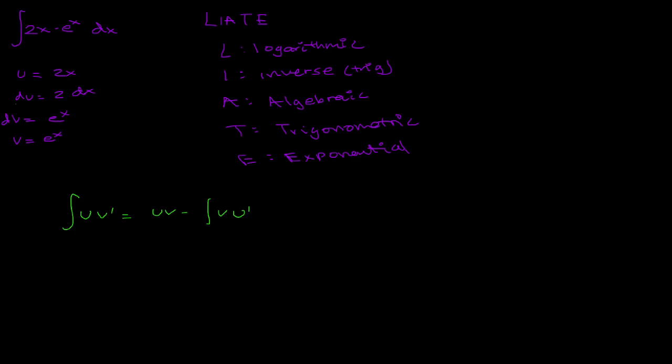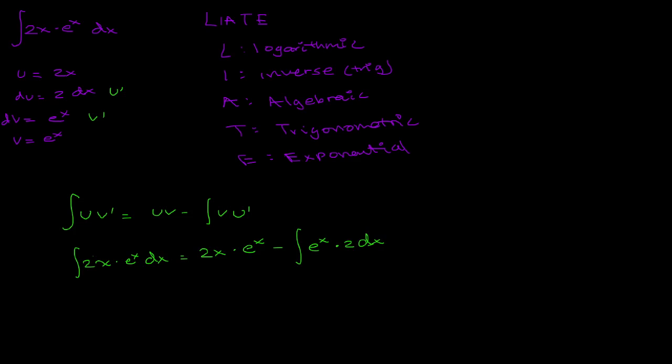Applying the formula, the integral of 2x times e to the x dx equals 2x times e to the x minus the integral of e to the x times 2 dx.